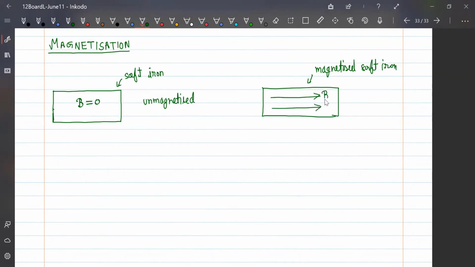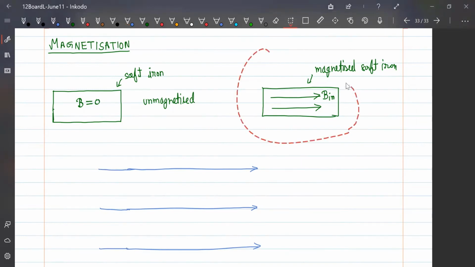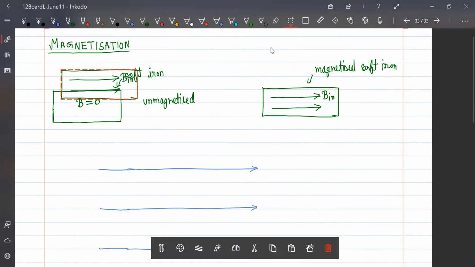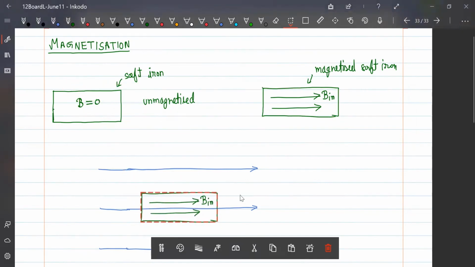Let me call this the internal magnetic field. Now, if I take this piece and keep it in a uniform magnetic field, what happens?